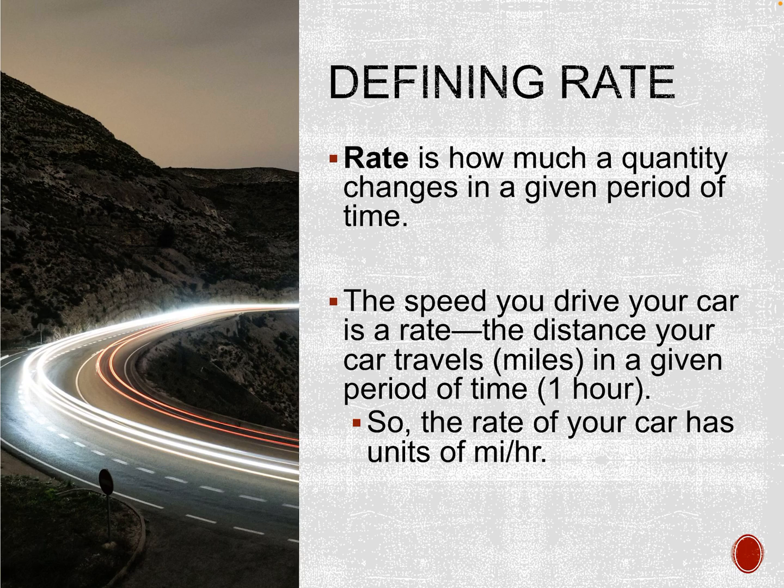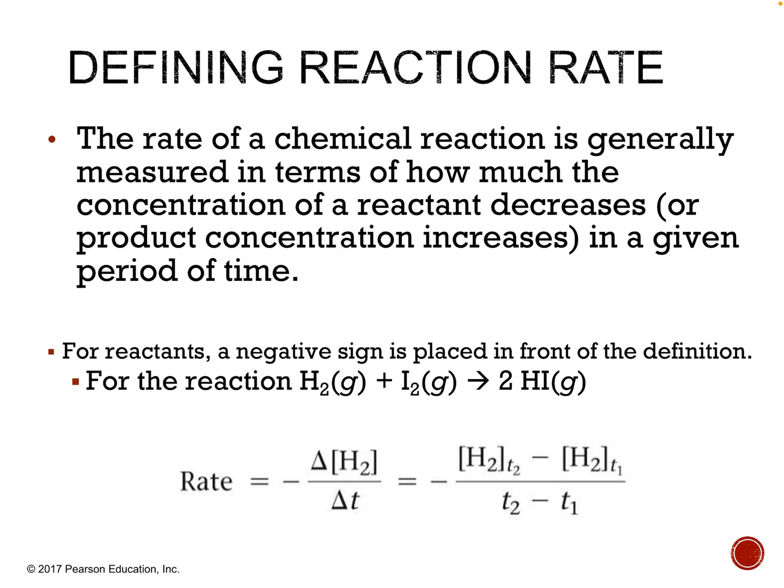Most times in our chemical reactions, we're looking at how much the concentration is changing in a given period of time, either of the reactants or of the products. So the rate of a chemical reaction is generally measured in terms of the concentration of a reactant decreasing or how much the product will increase in a given period of time. Okay?